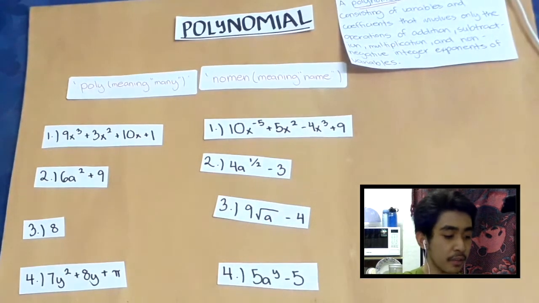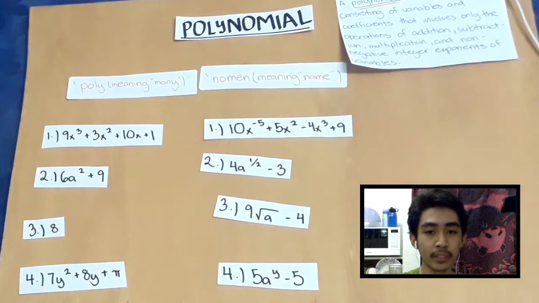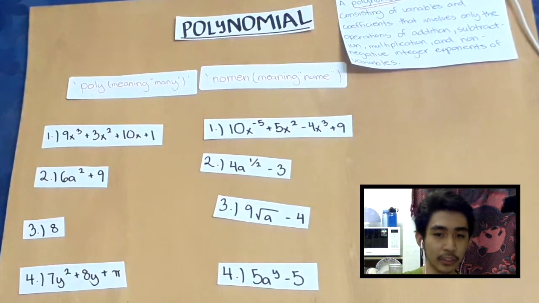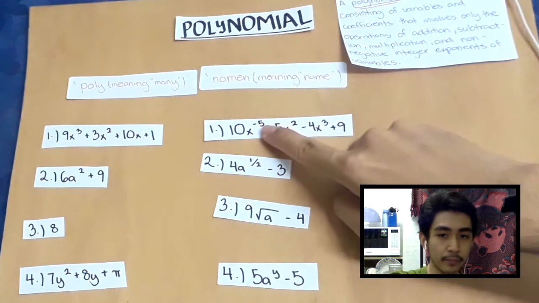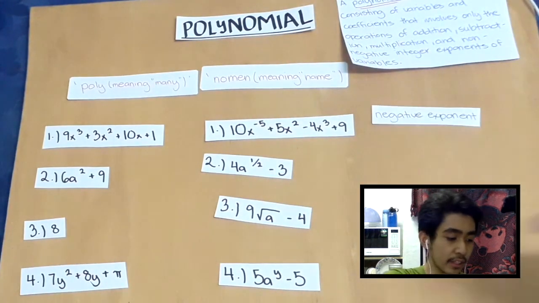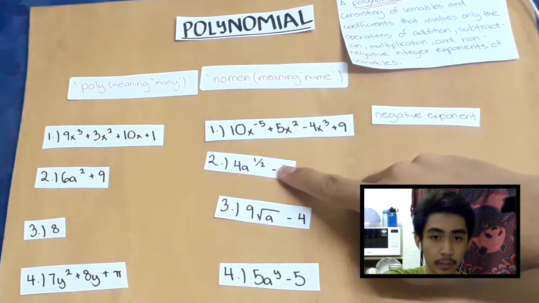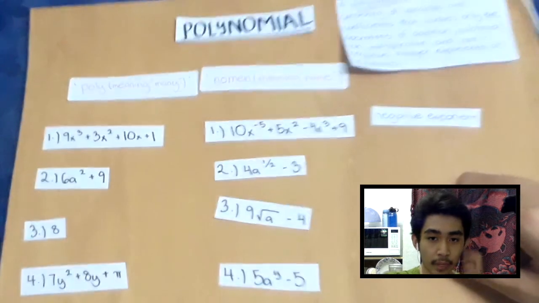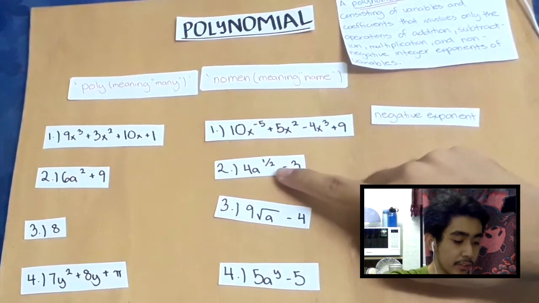The reasons these are not considered polynomials are, if you look closely, the first example has a term with a negative exponent, which a true polynomial shouldn't have. Together with this example, it is not a polynomial too since its exponent is no longer an integer.